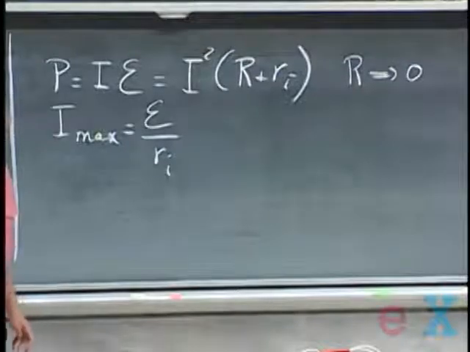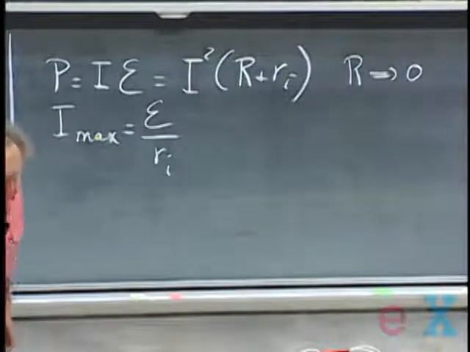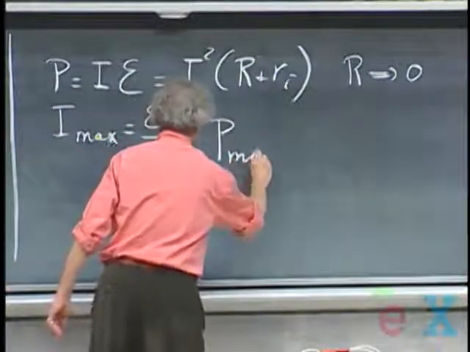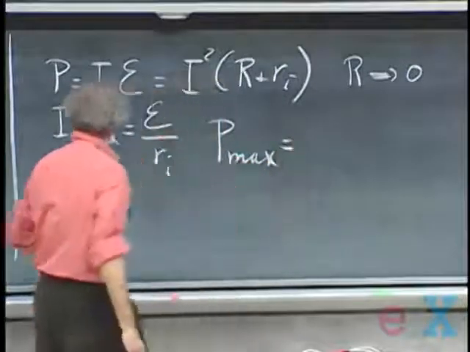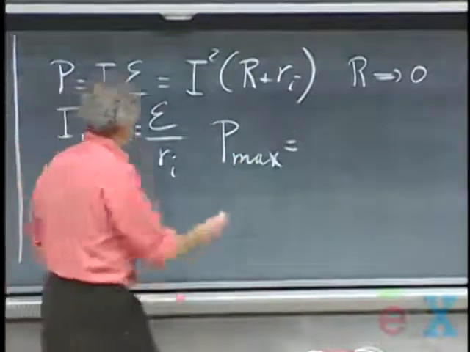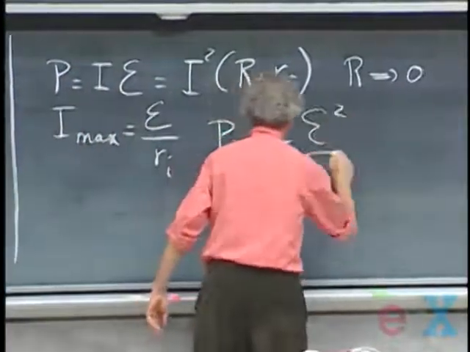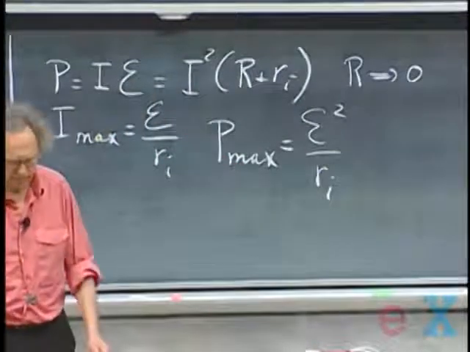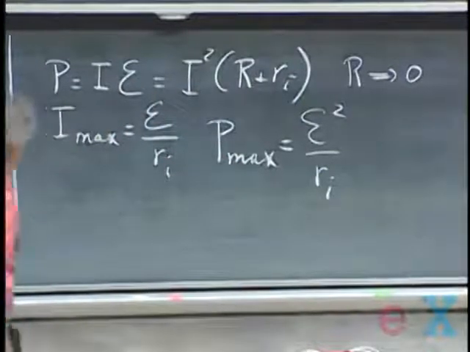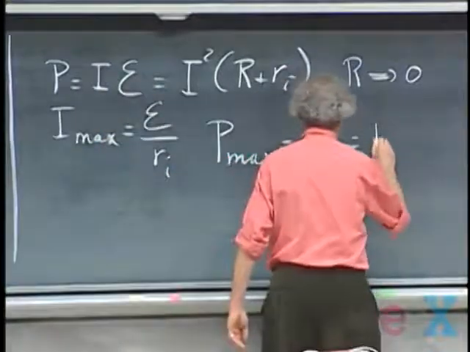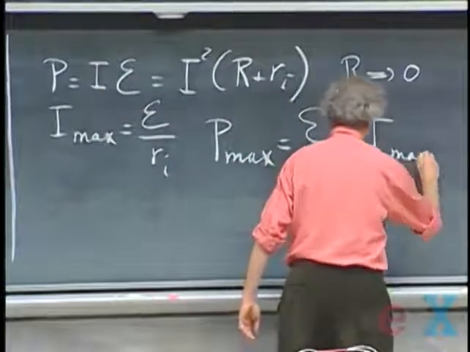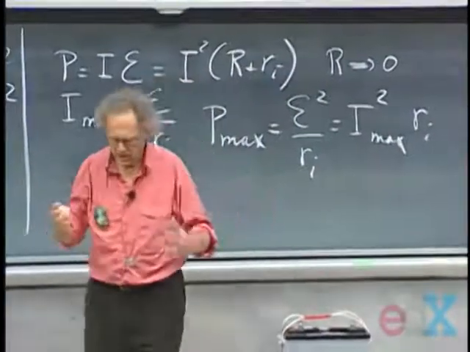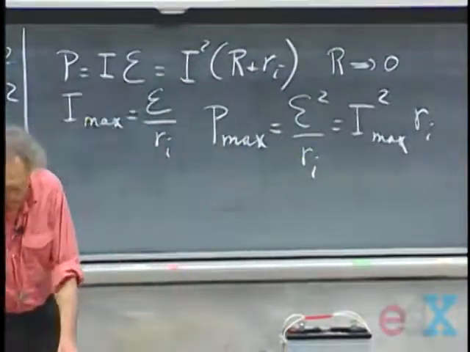And so you get the maximum power, which is now E squared divided by R of I. It's I maximum squared times R of I. It's the same thing. It is the maximum current squared times R of I, and all of that comes out inside the battery. Nothing comes out outside it.